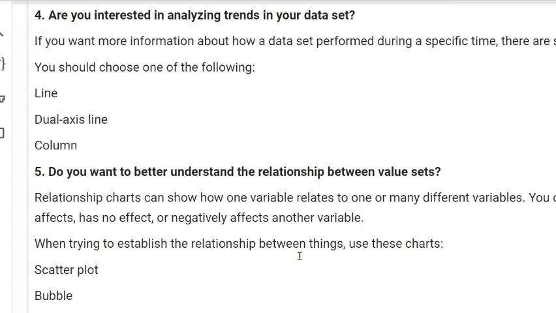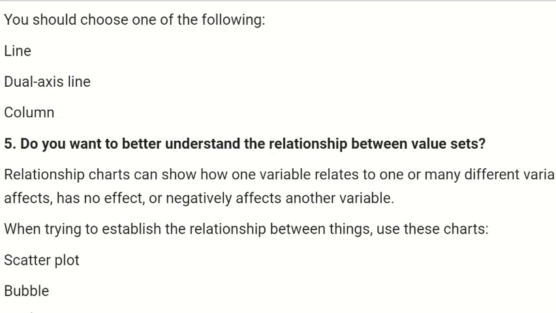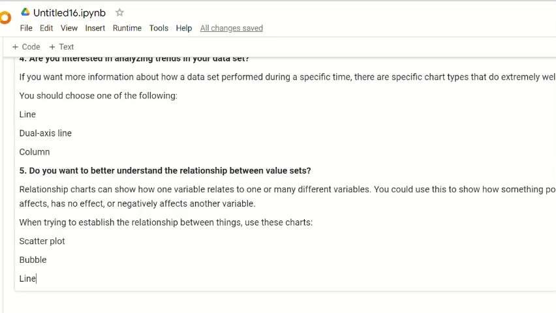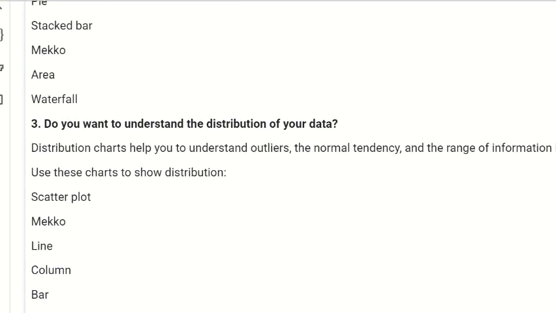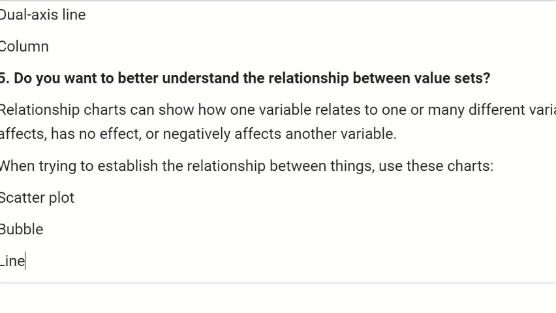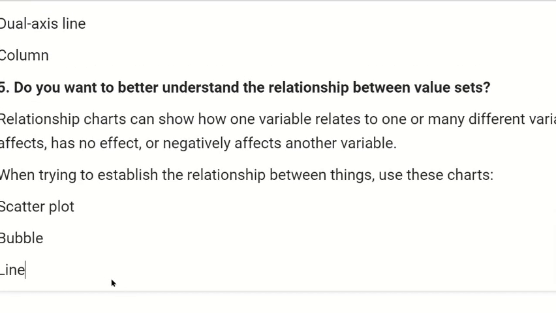And then, do you want a better understanding of the relationship between value sets? Based on relations, we use scatter plot, bubble, and line chart.